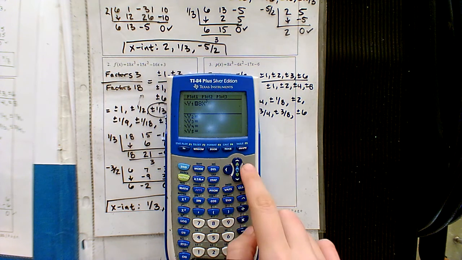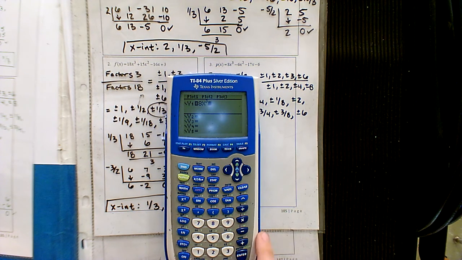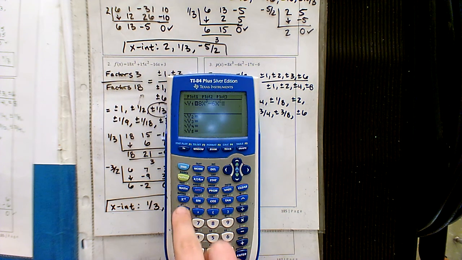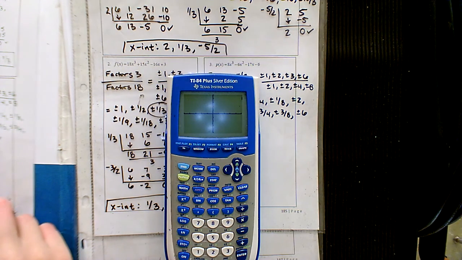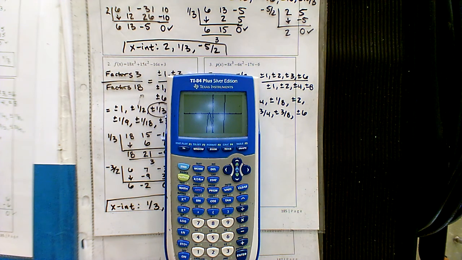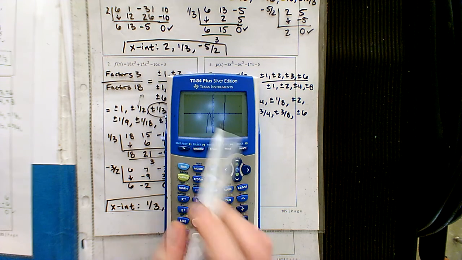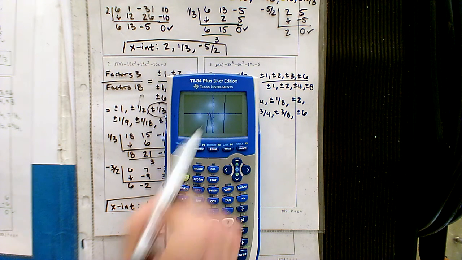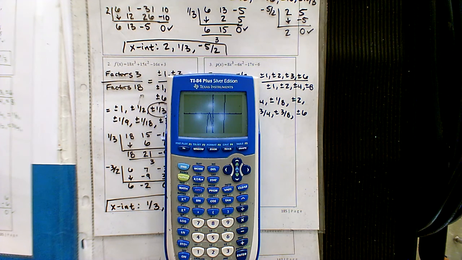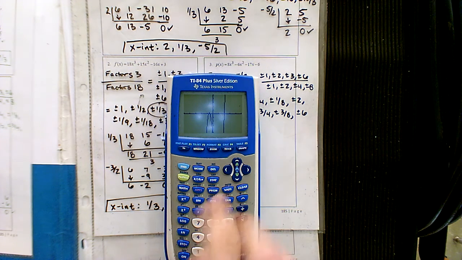x to the third minus 6x squared minus 17x minus 6. Graph. All right, so if you watched it pretty carefully, this little kind of hump or bump here actually does go above the x-axis.